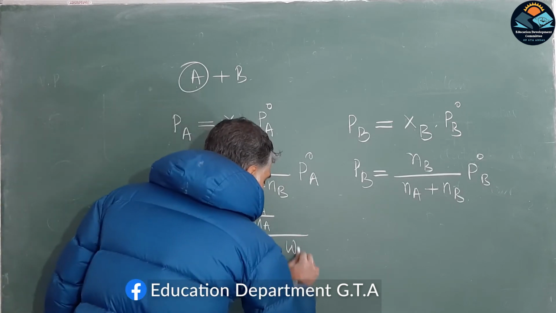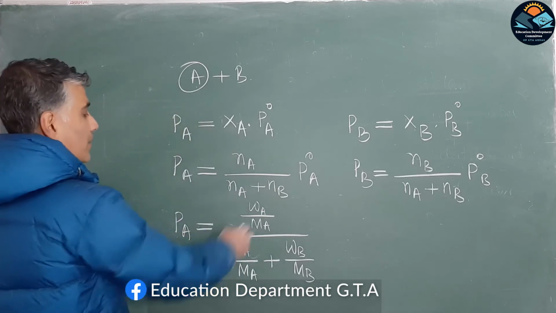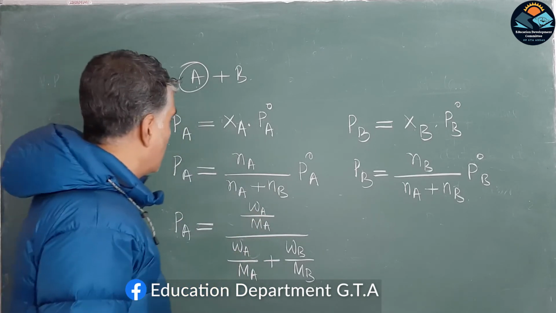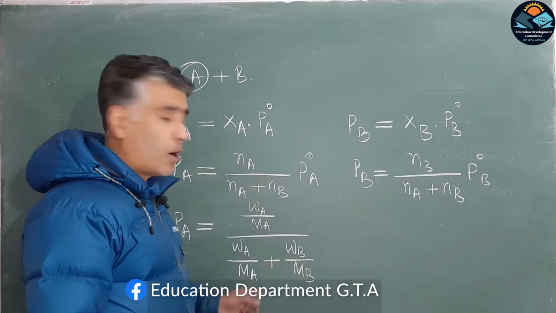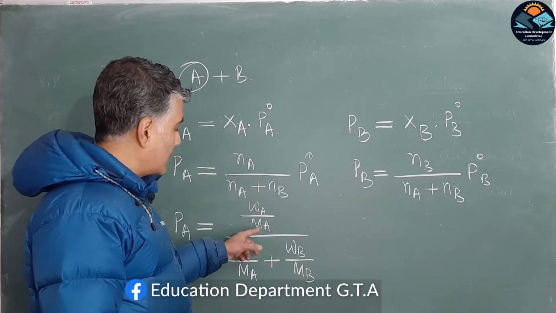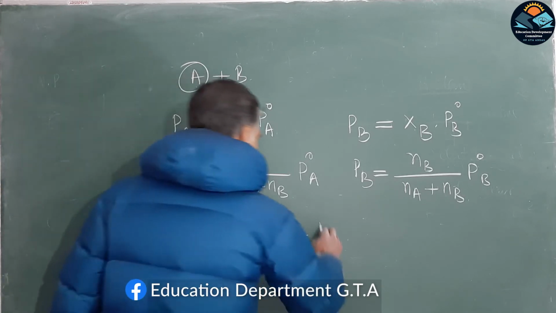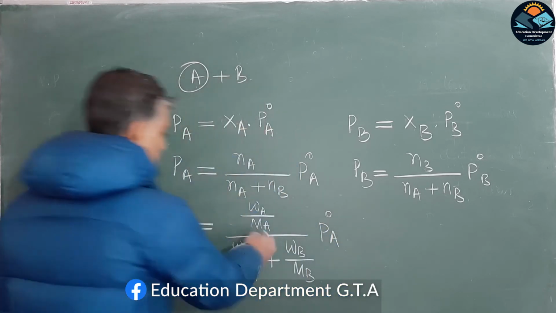It's the mass of B divided by the molecular mass of B. So you can even use their masses if masses are given, if mole fraction is not given, if number of moles are not given. If you know the masses of two liquids mixed together, you can take those masses and divide by their own molecular masses to obtain the number of moles and expand this formula. So you can have a formula expanded up to this.